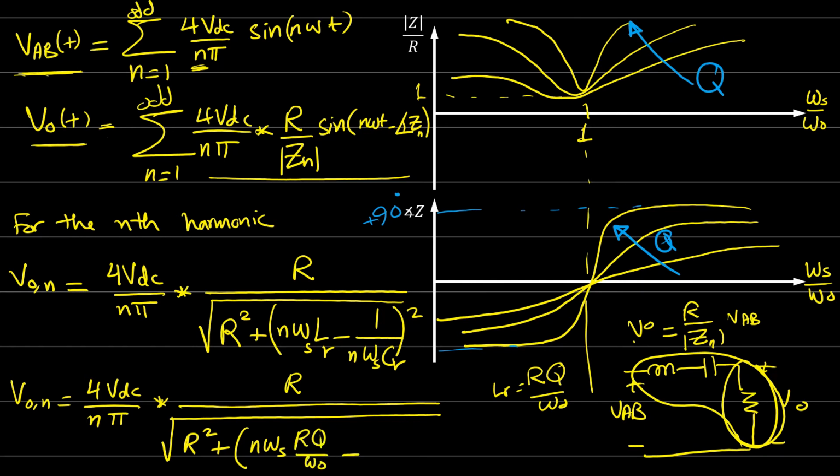Similarly, we can replace CR with RQ omega naught over n omega s, and all of these squared. Now omega naught over omega s, here we have also omega s over omega naught. The quality factor can be taken out. Okay, so you can say that we have Q squared out of this term, and then here we have n omega s over omega naught, and all R values will be taken out.